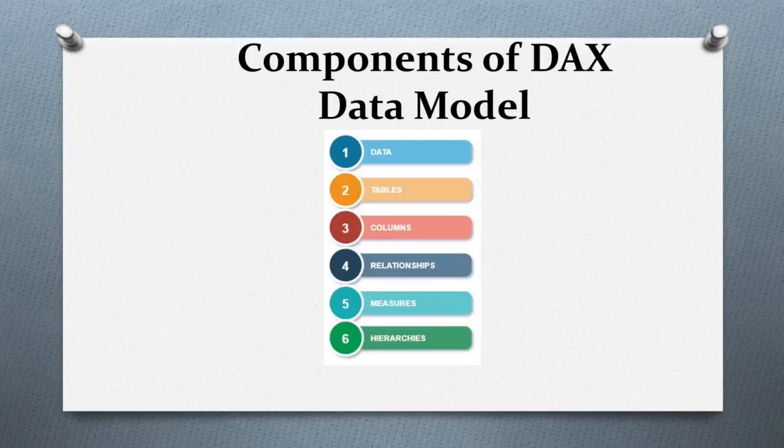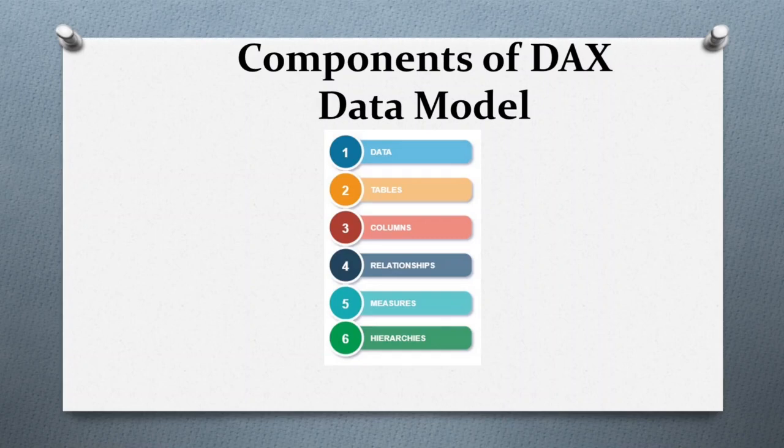Now we are at DAX components. What are DAX components? Any data model consists of data, relationships, tables, columns; everything consists of an object, and these objects help us to analyze the data or find the story from the data. In a DAX data model, how many components do we have?